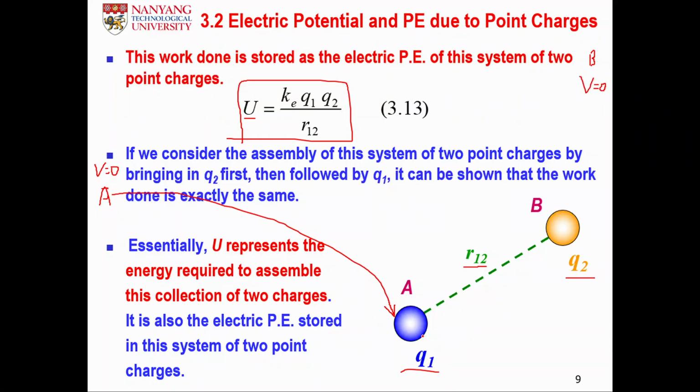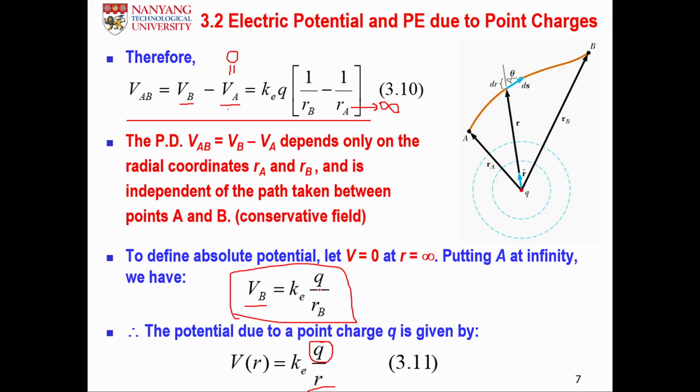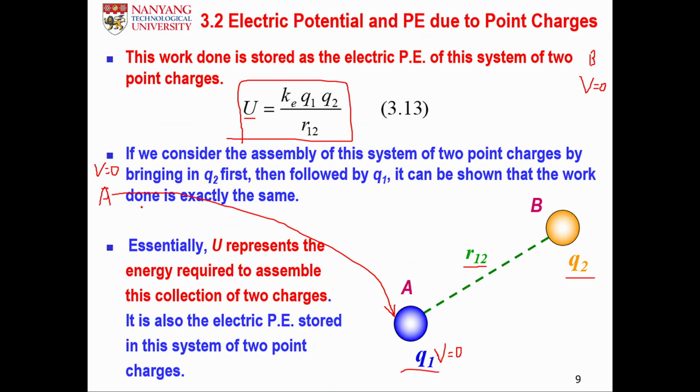And initially, before you move any of them, in this space V is also 0, because you don't have any point charge. If you don't have any point charge, Q is 0, V is 0. So if you move charge A from one zero-potential point to another zero-potential point, you don't need to do any work. Delta V is 0, so delta U is also 0. This is step 1.